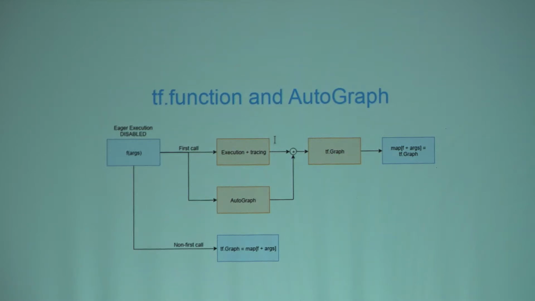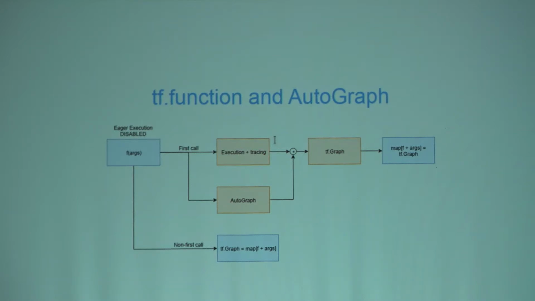Then what happens is that we create a graph starting from a certain function that has a certain signature, and then using this function and its signature, so the function name plus its signature, we create a cache. This cache is just a map in which the key is the function name and a concatenation of the arguments.